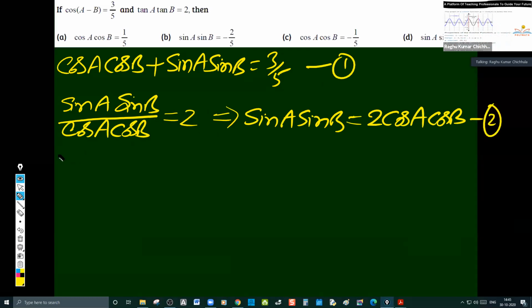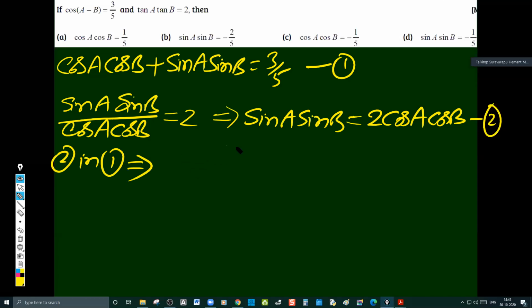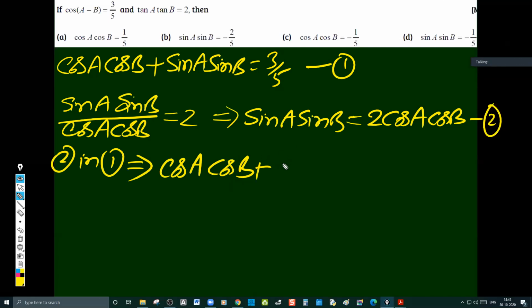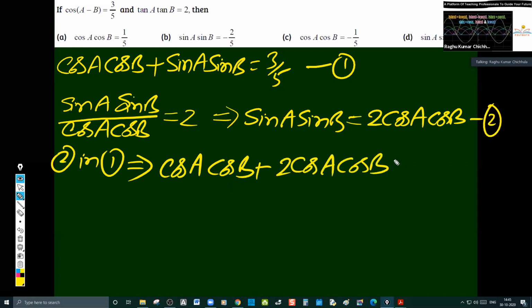That means 2 in 1 implies cos A cos B plus 2 cos A cos B is equal to 3 by 5.